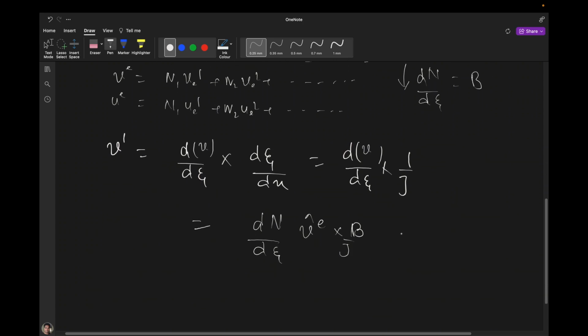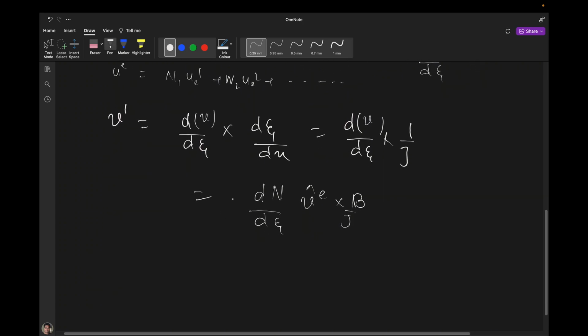So here also dn by del zeta is coming out. Since it is a scalar, what I have to do is take the transpose of that.